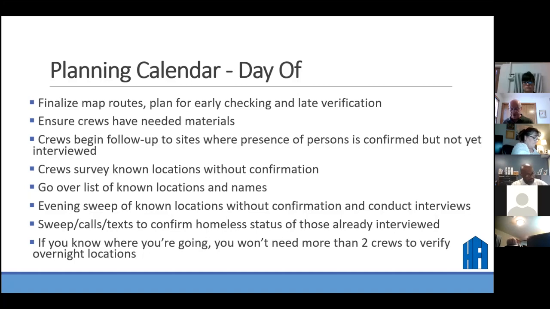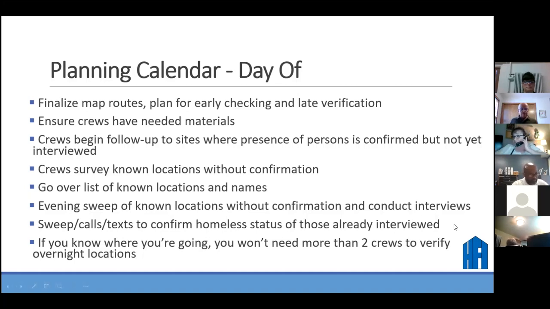But at that point, you're verifying the people you've already interviewed. You're going to known sites where maybe you haven't interviewed people, but you have good reason to believe that somebody's there.